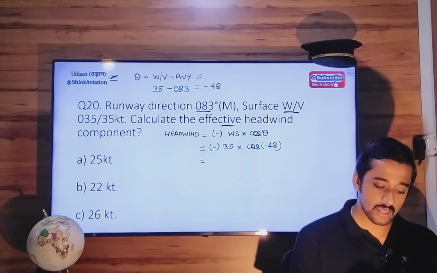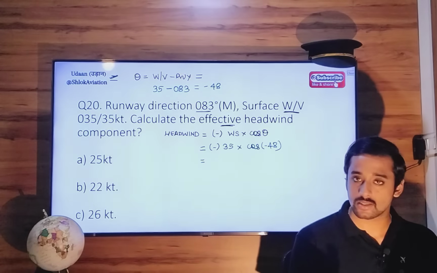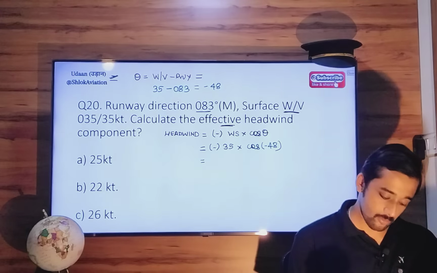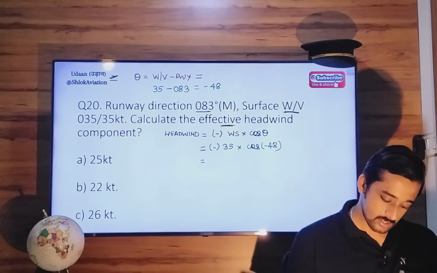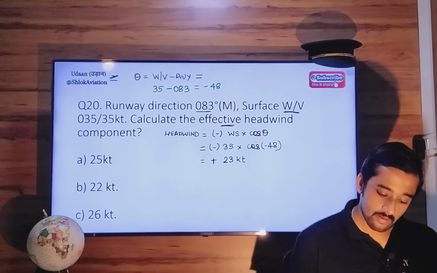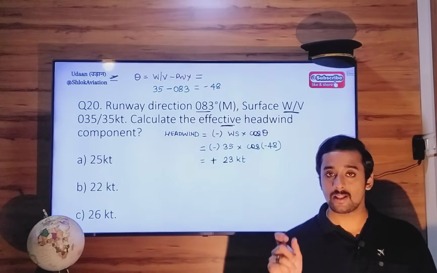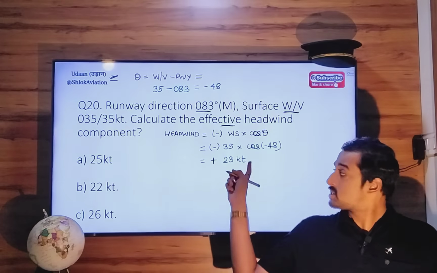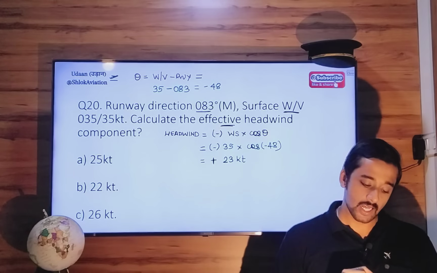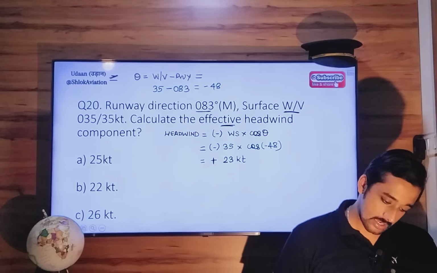So cos minus 48, 0.66 something into 35 is 23.4 knots. Okay, 23 knots, and cos 48 will give you minus sign. Minus into minus is plus. That means you are getting a tailwind. If the final answer is in plus, you are getting a tailwind.